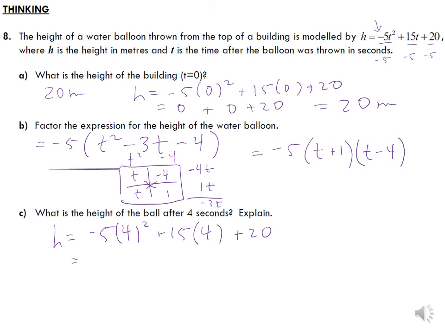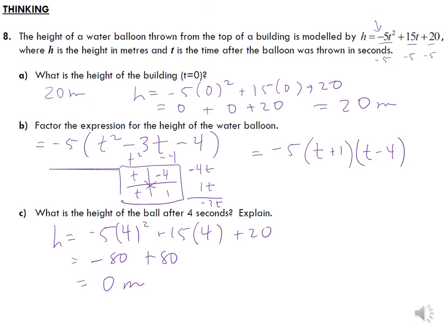If you go through the math and type that all in, 4 squared is 16 times -5 is -80. 15 times 4 is 60 plus 20 is 80. Again, you could just do this all in one step on your calculator. You get 0 meters.